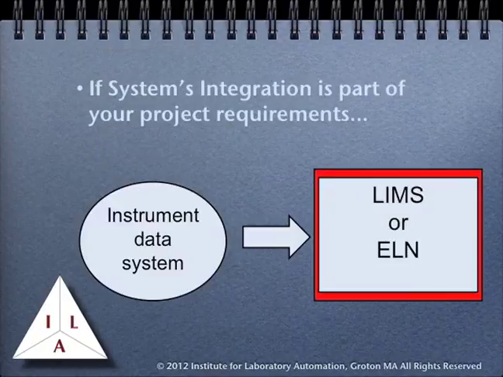If systems integration between the instrument data systems and laboratory informatics systems is important, you may want to consider carefully how you approach the problem. For example, if your laboratory already has instrumentation and you're looking to incorporate electronic laboratory notebooks, you may want to carefully consider what instruments the notebook supports.